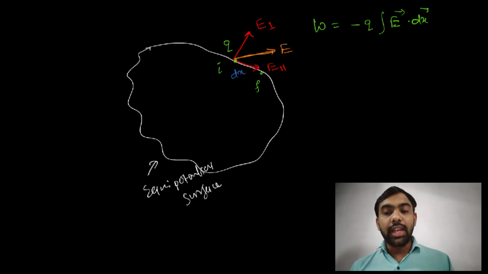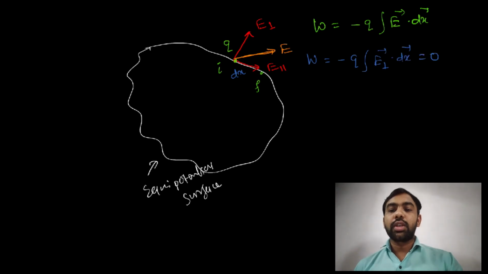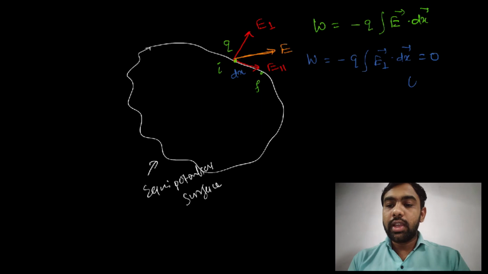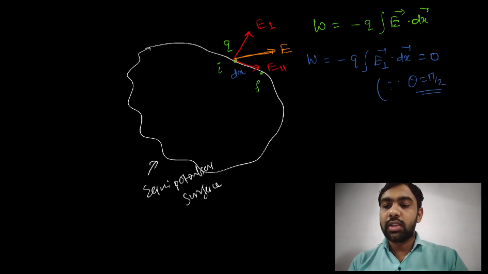Why? Angle is 90 degrees and cos 90 is 0. But what about the parallel component? If you write two terms, work done is minus Q integration E perpendicular dot dx. This is equal to 0. Why? Theta is equal to pi by 2 and cos pi by 2 is 0. So this is the reason.